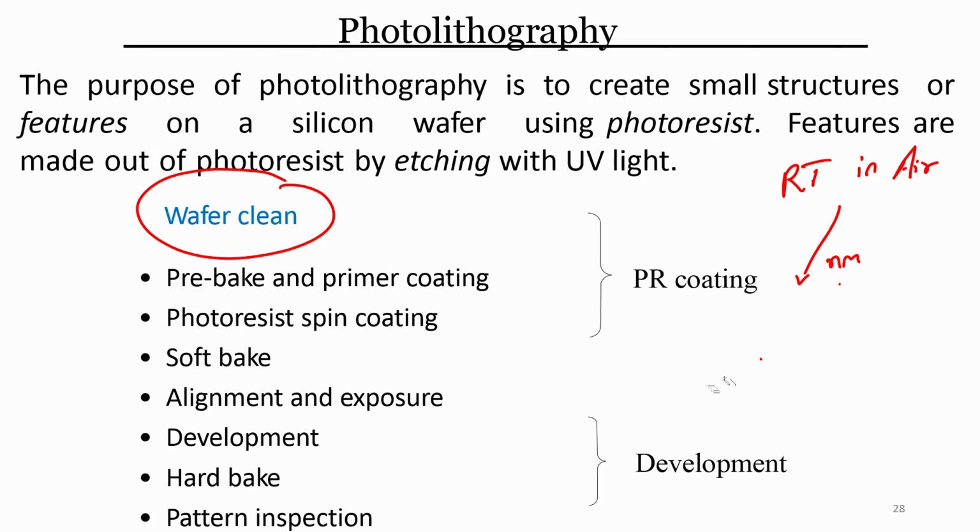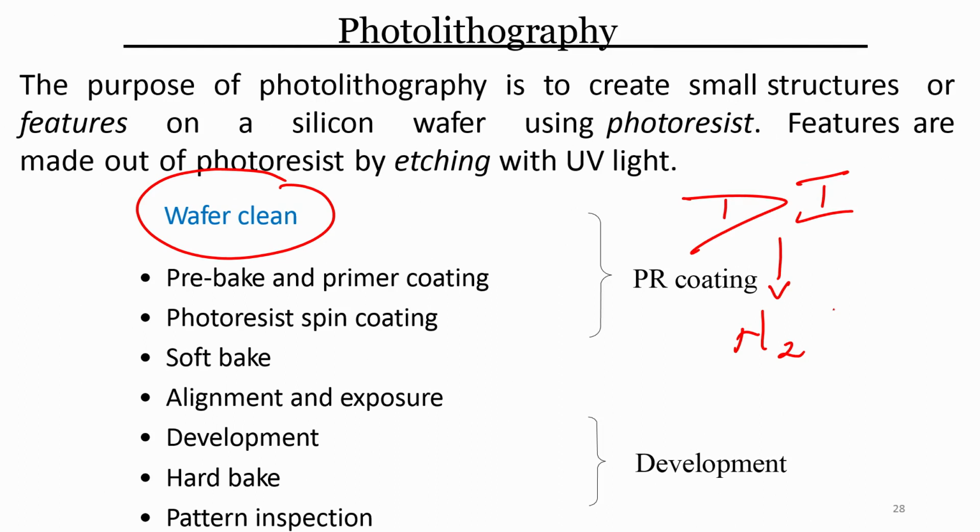After the silicon dioxide is etched, you perform the rest of the steps: cleaning with DI water, deionized water, followed by drying with N2 nitrogen, followed by pre-baking to remove any moisture on the surface.